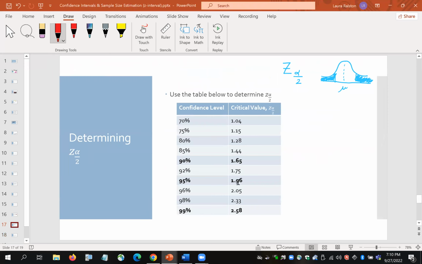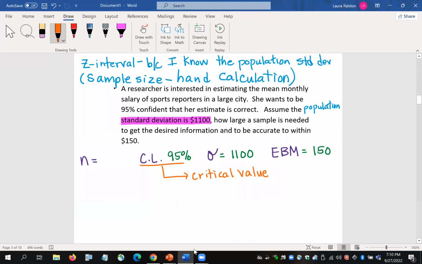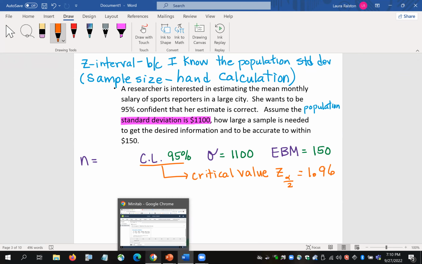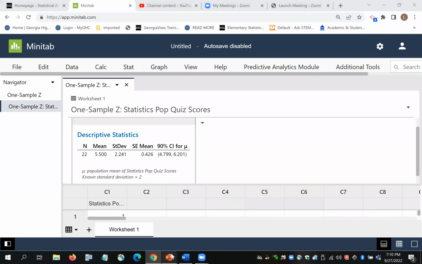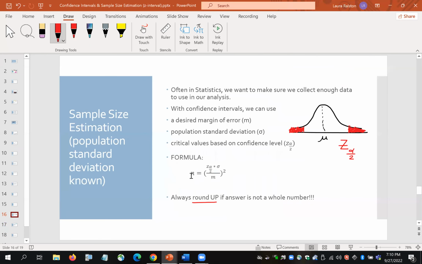Therefore, my critical value is 1.96. So my critical value, the Z alpha divided by 2, is 1.96. I'm then going to substitute into the formula, and I'm going to double check my formula so I make sure I write it down right. It is Z times the population standard deviation divided by the margin of error, all squared.